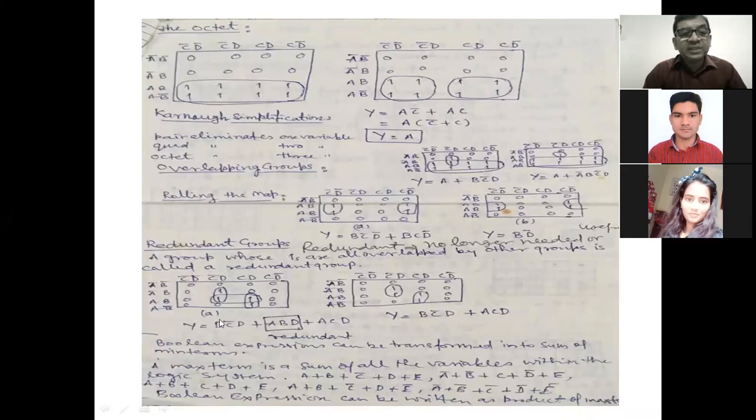And we solve this K-map. What do we get? We will get y equal to bc bar d plus acd. It simply says that this pair is redundant. So this ABD is redundant, so we can ignore that pair in solving the K-map.